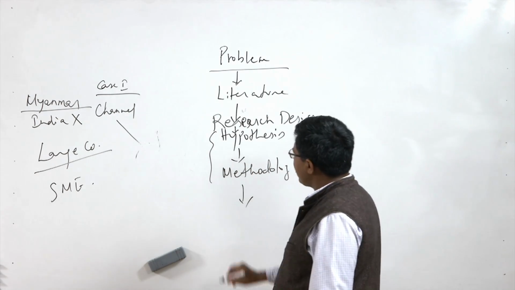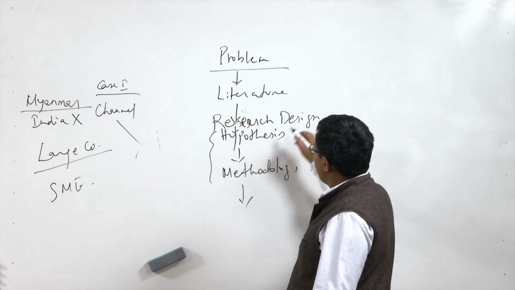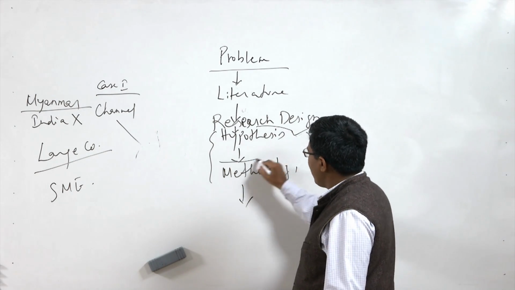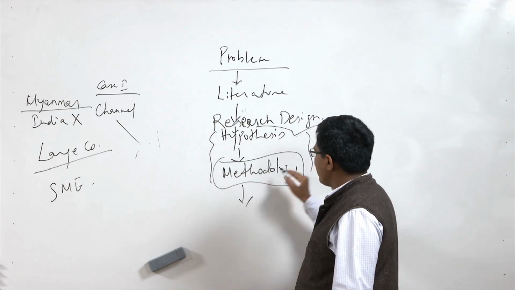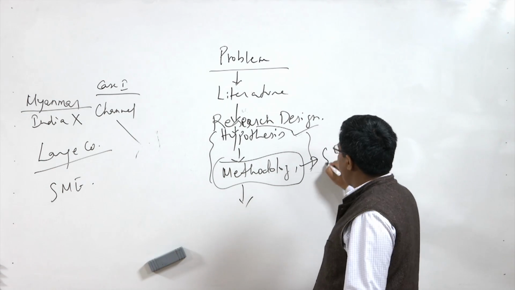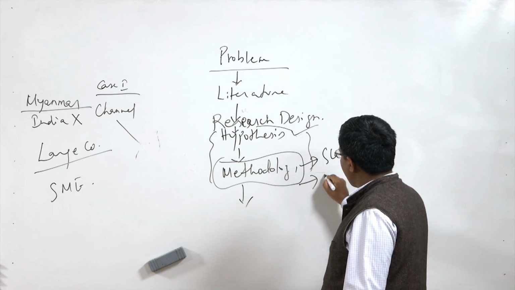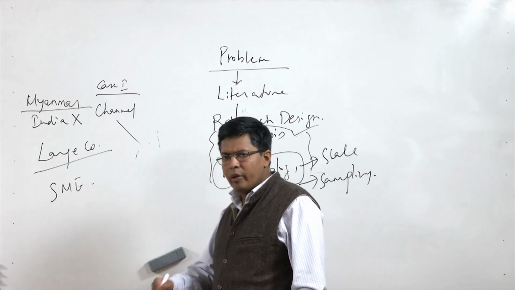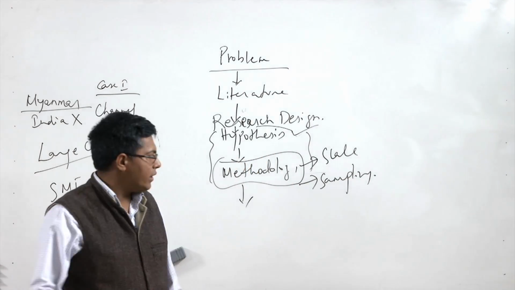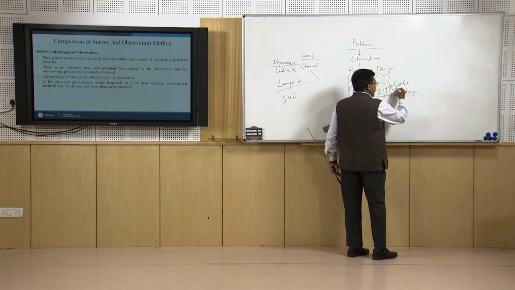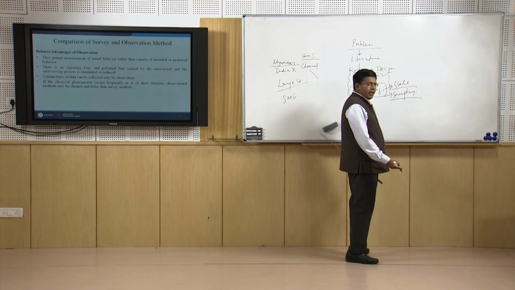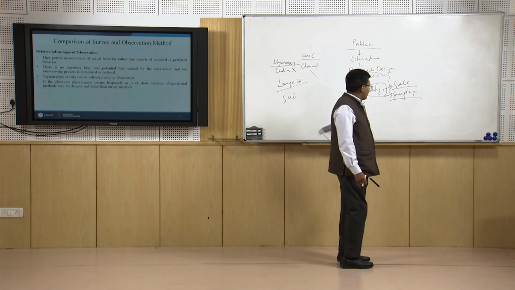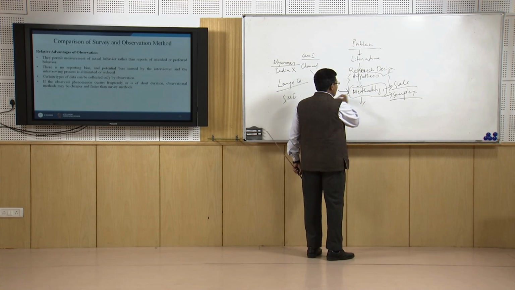So, in each step, suppose your hypothesis development you have done, but in the methodology, what kind of scale you have used, what kind of sampling you have used. All these things we will be doing in our next session. If you choose a wrong scale or sample by chance, then errors are introduced into the system.